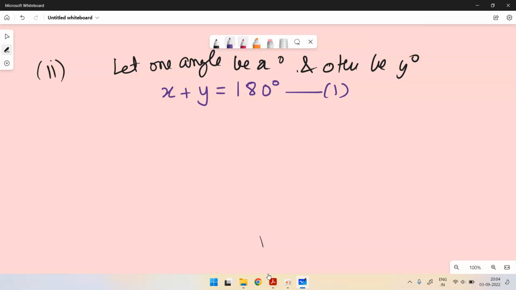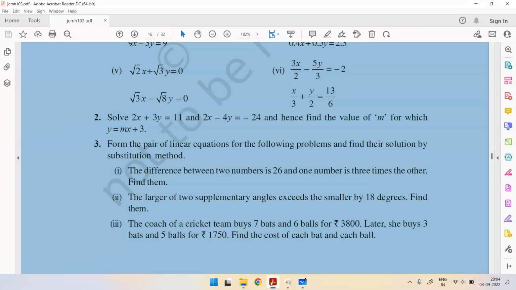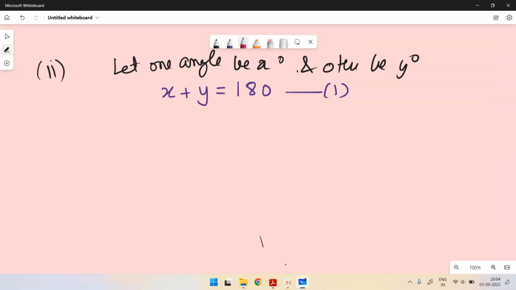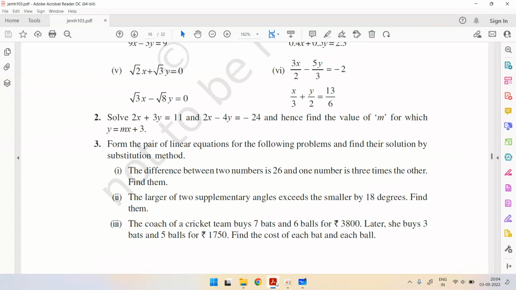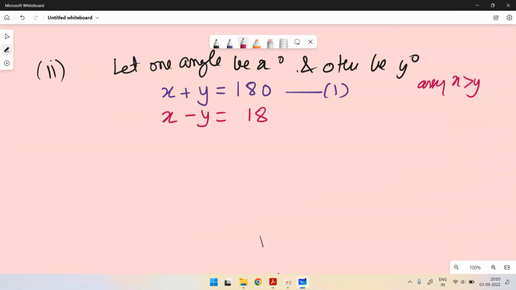Now for the second condition, the larger exceeds the smaller by 18 degrees. Assuming x is greater than y, it is greater than y by 18 degrees. Find the two angles.